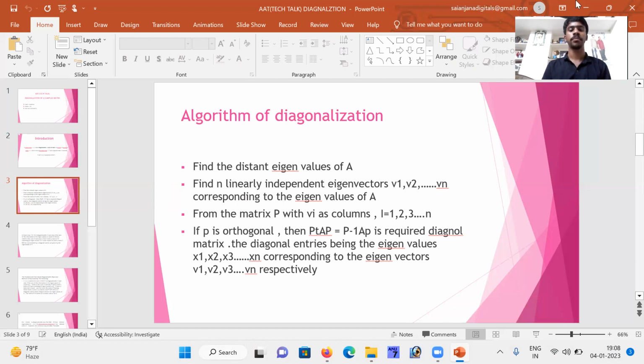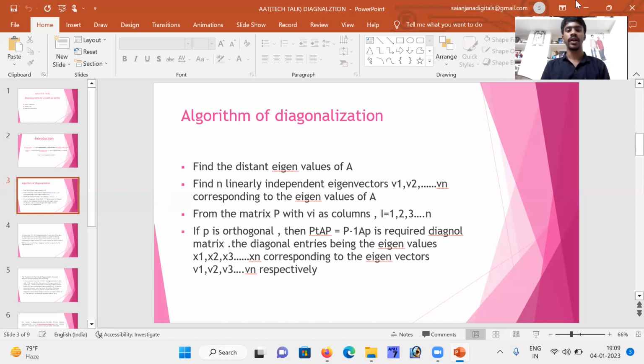If P is orthogonal, then P^T A P equals P^-1 A P, which is the required diagonal matrix.